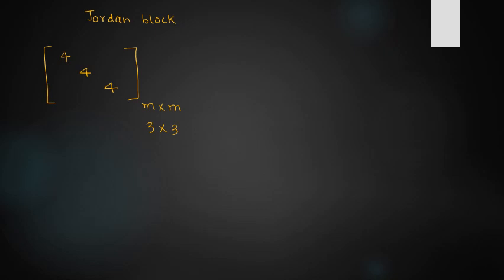Below the diagonal, you should have all the elements as 0. Above that diagonal, you have to have 1 as your element, and above that 1 you must have 0. Then you can say that this square matrix is of Jordan block type.